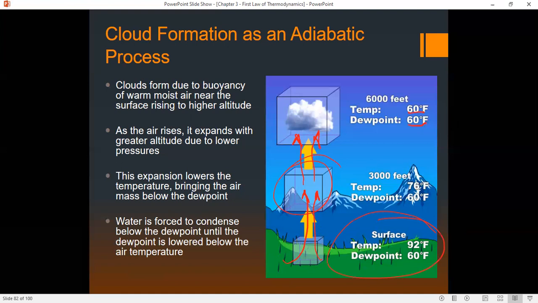So what happens? You get condensation. A cloud is your condensation. So these little cumulus clouds that appear, look like little balls of cotton, are the result of this adiabatic expansion that happens again on a warm summer day. It's a little blob of warm, moist air rising into the atmosphere and forming a cloud.